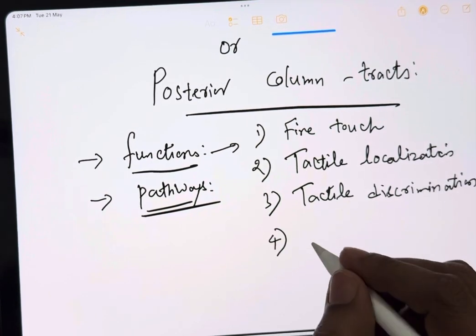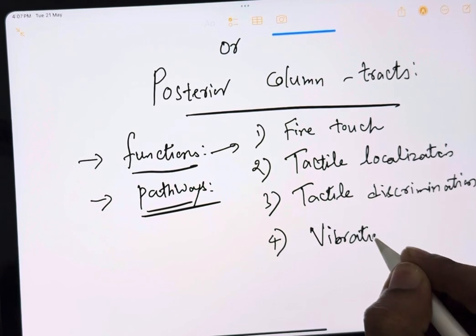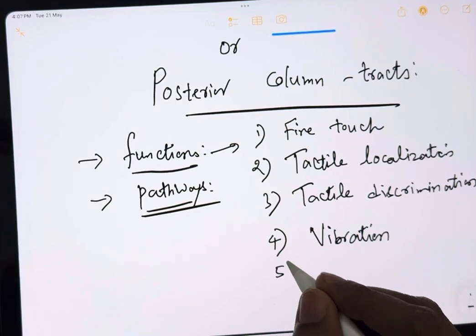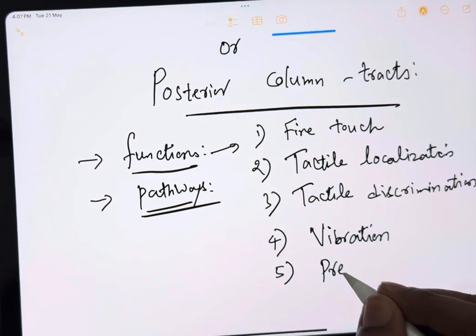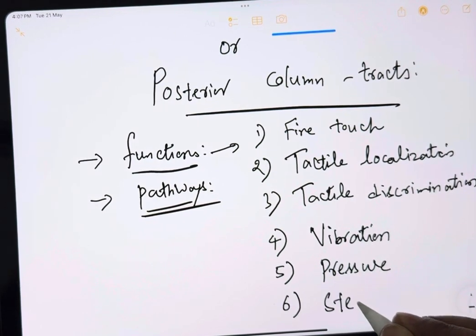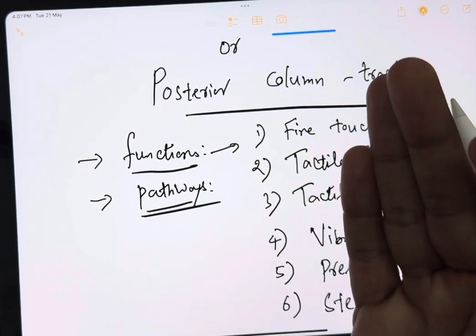Then we have the sense of vibration, then the sense of pressure, that is deep touch, and finally stereognosis, that is the ability to identify commonly known objects.